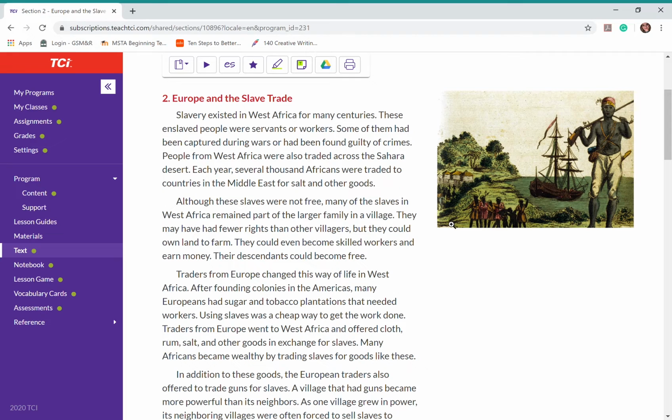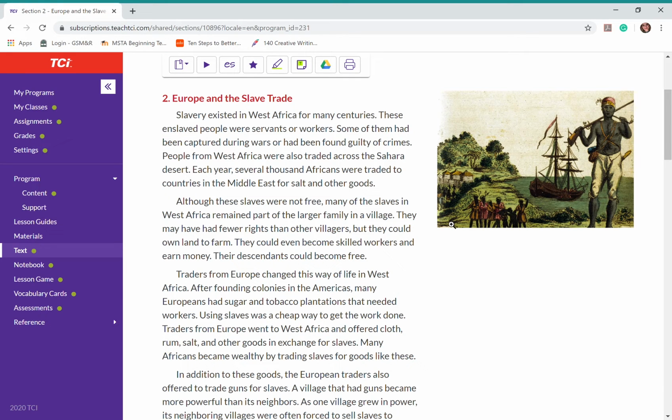And some Europeans would give leaders in West Africa things so they could sell some of their people. But some leaders were forced to sell people to buy guns to protect themselves and other groups. Some leaders were saying, hey, this is not okay.